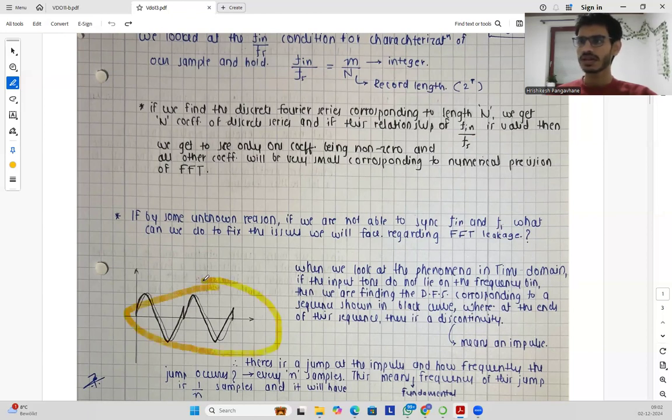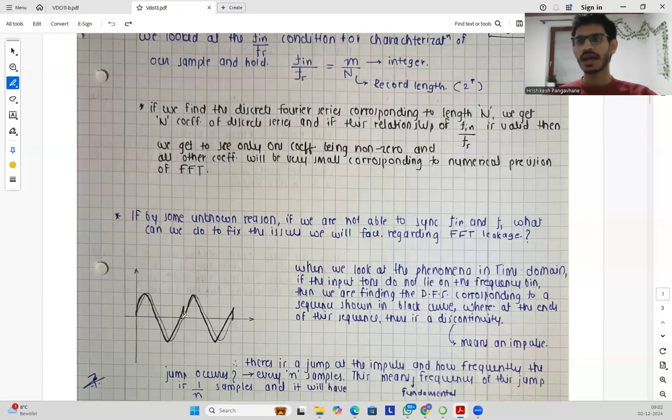When we concentrate on this sine wave, what does it mean if the input tone does not lie on the frequency bin? If the input tone is not lying on the frequency bin, then we are finding the discrete Fourier series corresponding to a sequence, shown in the black curve, where at the ends of this sequence there is a discontinuity.